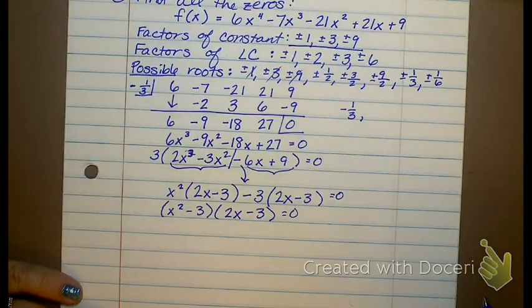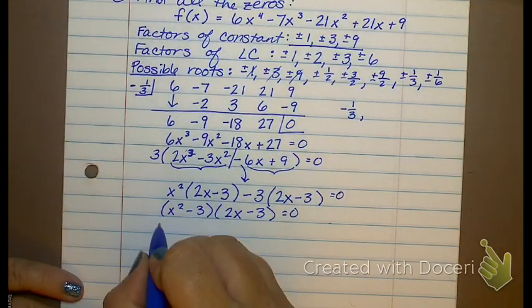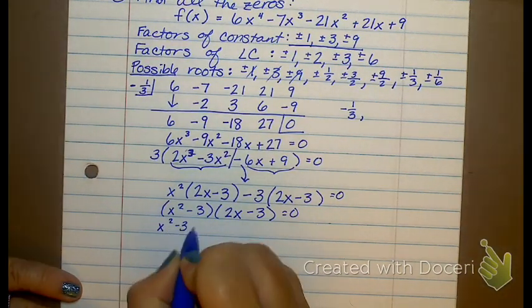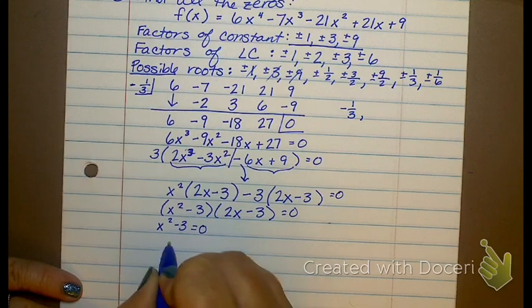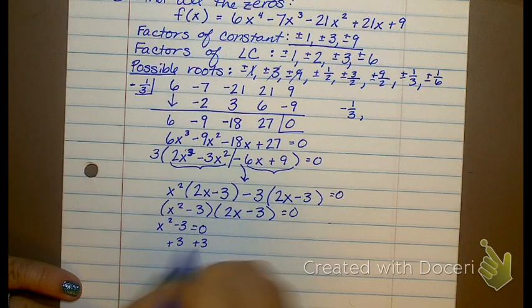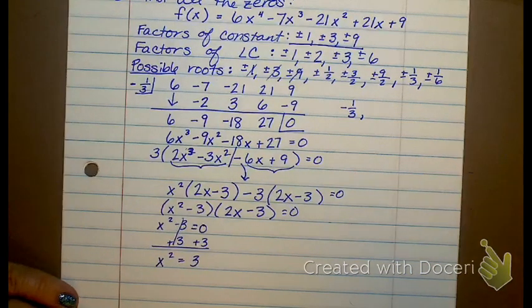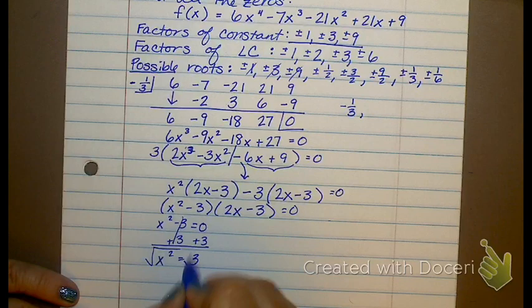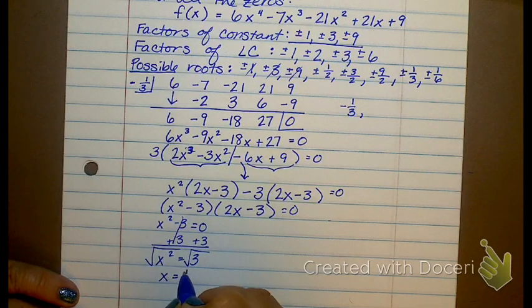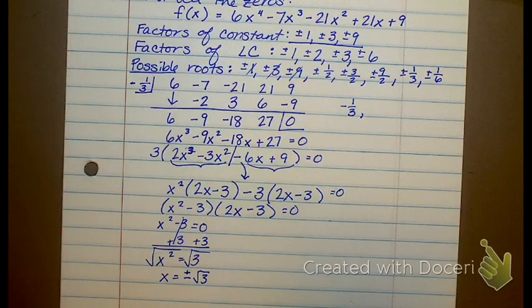So where do I go from here? Set x squared minus 3 equal to 0. I would add 3. That gives me x squared equals 3. And I square root both sides, giving me x equals positive and negative radical 3. I would have never been able to guess radical 3 off the graph. Right?